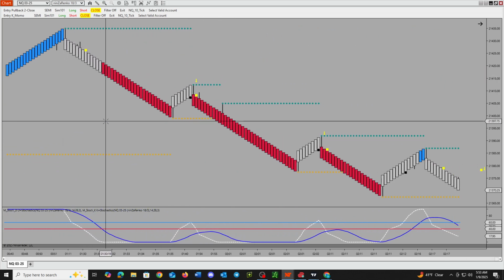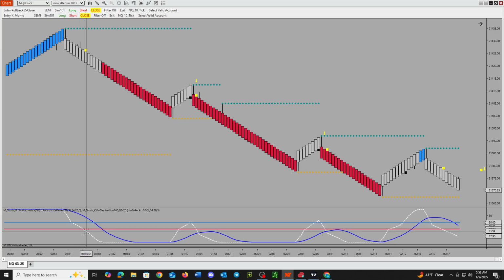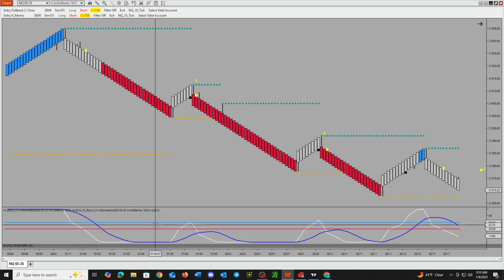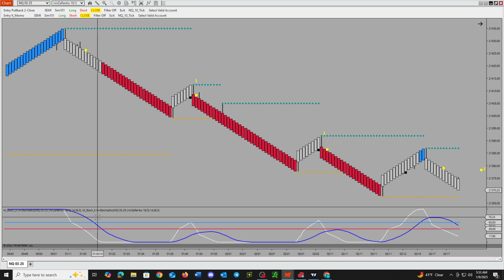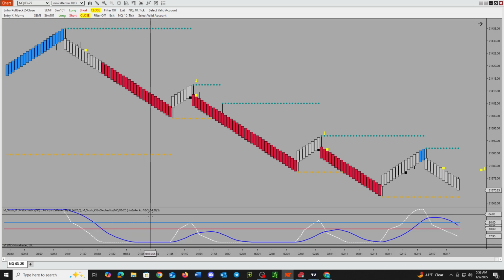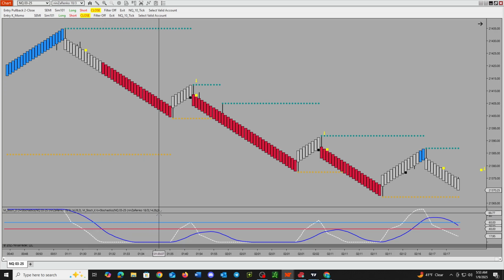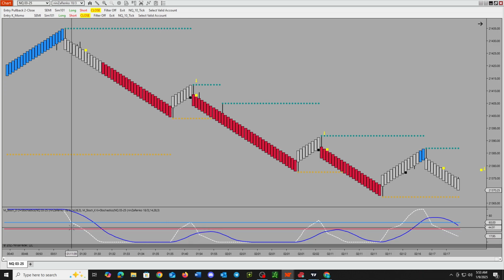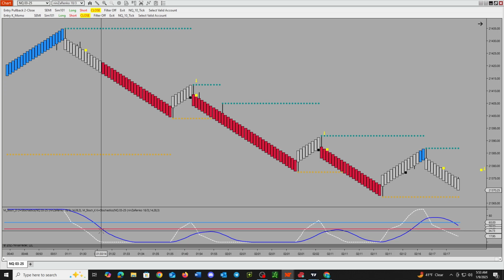Those features are all based on what the stochastic is doing down here in this pane. So this is a simple stochastic set at 14, 28, and 3. Now this isn't the stochastic indicator here. This is just my copied version in markers that I'm using.